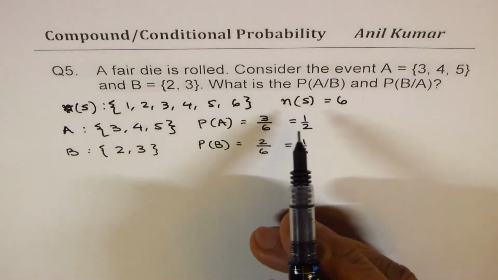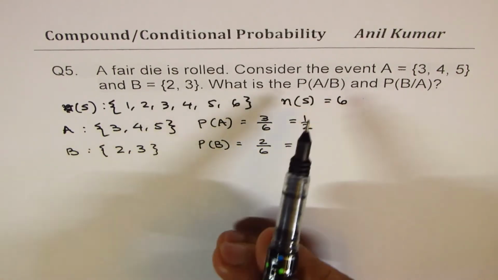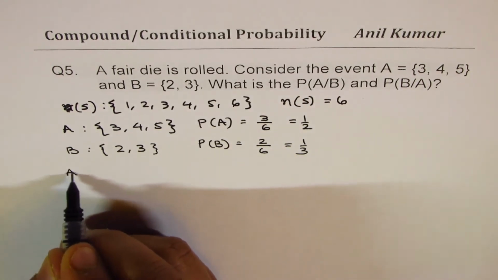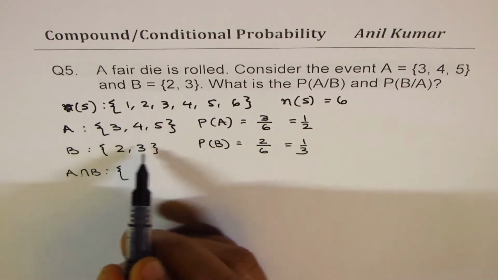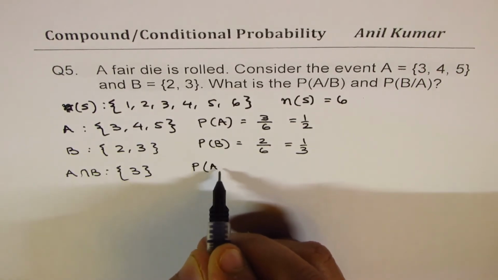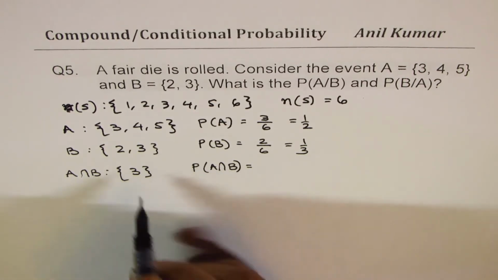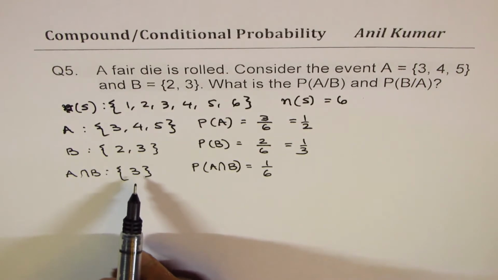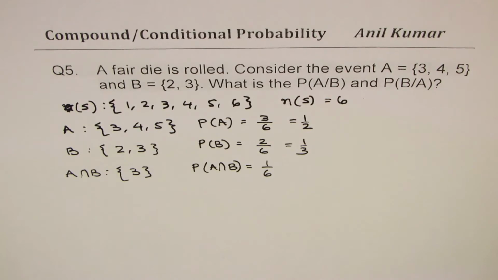Now let us also find the probability of A and B, right? That is kind of important whenever you want to find conditional probabilities. So A intersection B is 3, and therefore the probability for A intersection B, that means A and B, is 1 out of 6, since there is only number 3 which is common to both A and B, right?